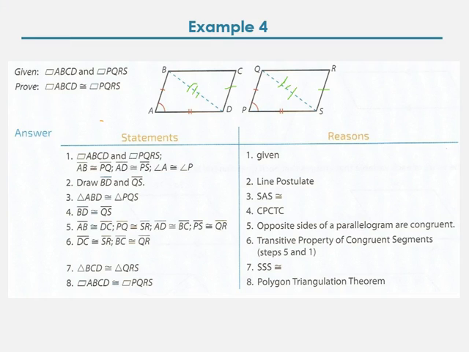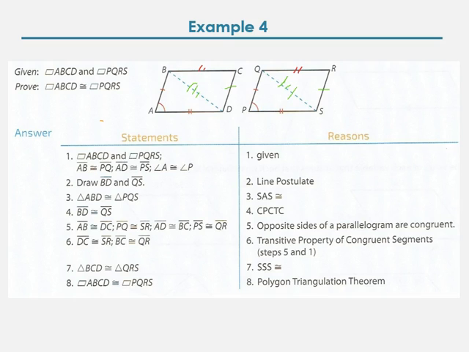So AD is congruent to BC. And PS is congruent to QR. And that's because opposite sides of parallelograms are congruent.